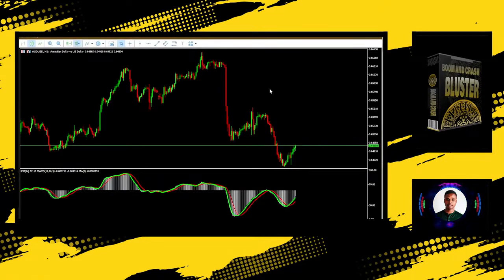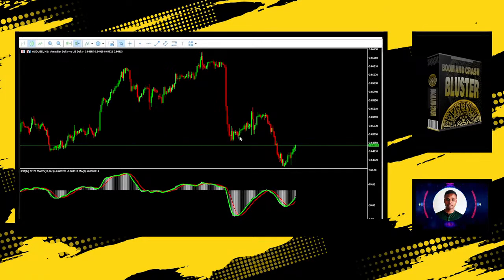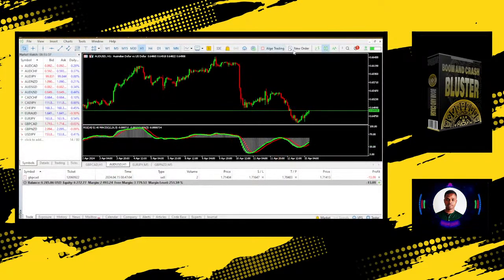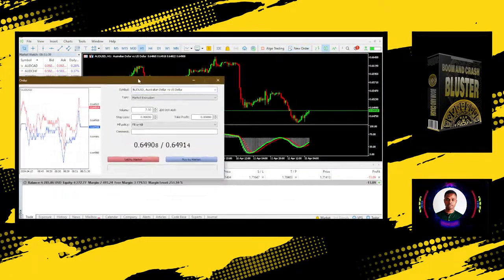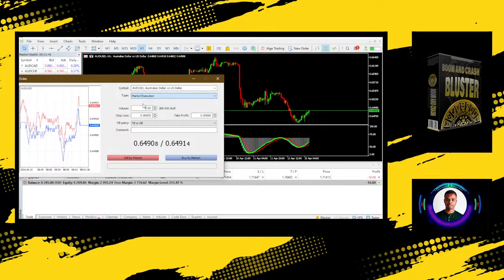So what I want to do here is I want to make sure that if the market drops downside here, I'm gonna be automatically in the market. So I will place a sell stop trade here. So let's go to our new order. Then we go from market execution to pending order.